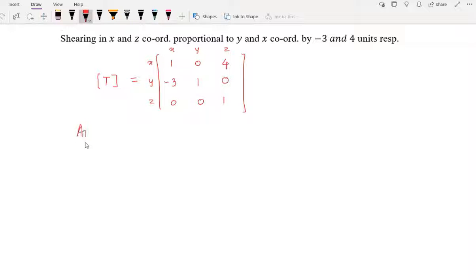So apply the transformation matrix T on the position matrix X. Then X star is equal to X into T. We are solving these examples by the same method as in two-dimensional transformation. The only difference is that here we have to write three-dimensional matrices, so their order is different.